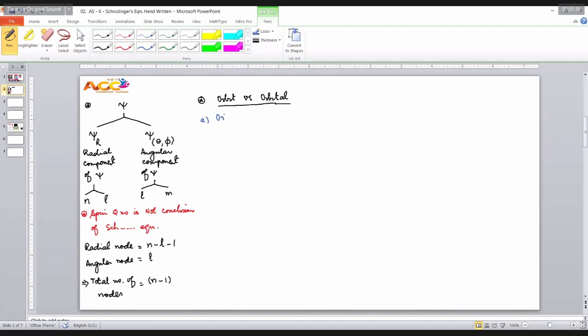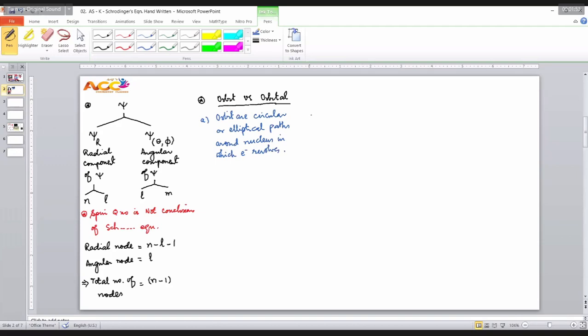Orbits are circular or elliptical, yes, Sommerfeld, elliptical paths around the nucleus in which an electron revolves. Nice. Revolves. I'm not saying spinning.